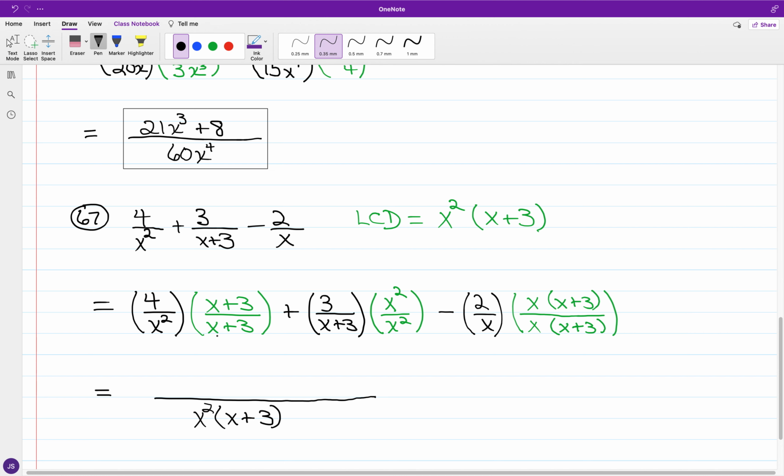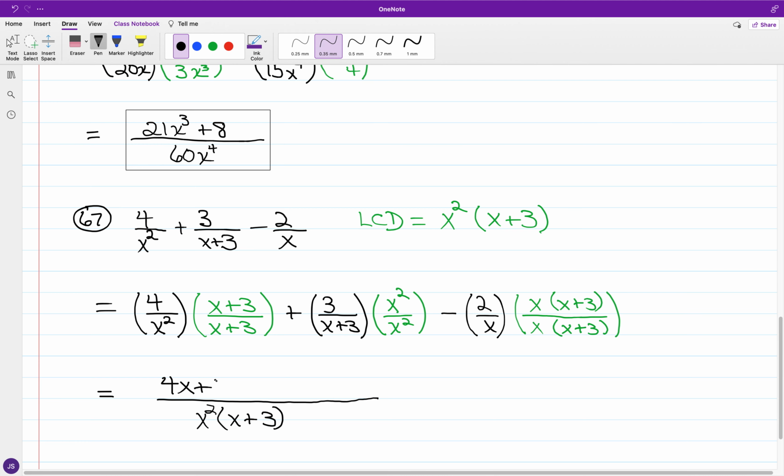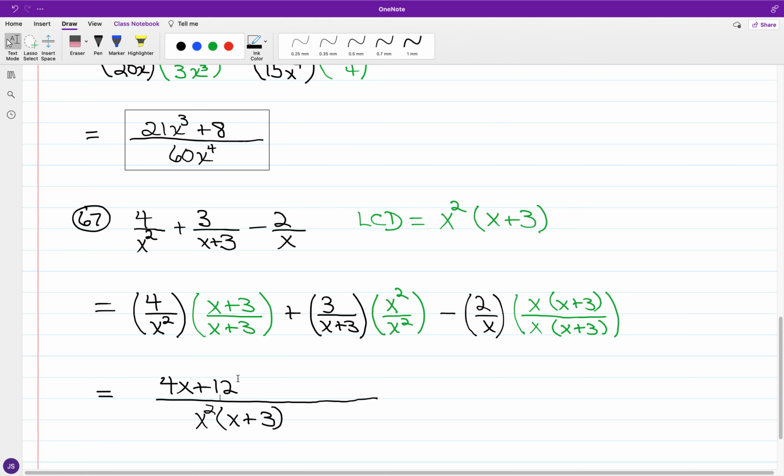Now with the numerator expressions, if I distribute 4 over the quantity of x plus 3, this will make 4x plus 12. And then next, we have 3 times x squared. And we'll just take this out one step further. So you got minus 2x times the quantity of x plus 3.